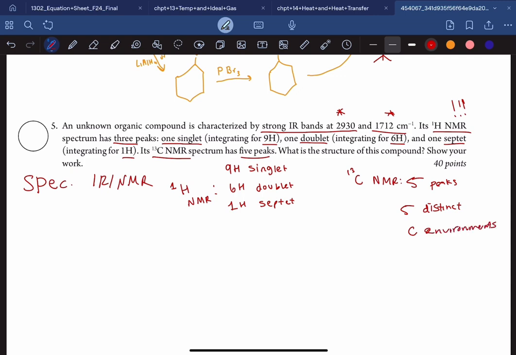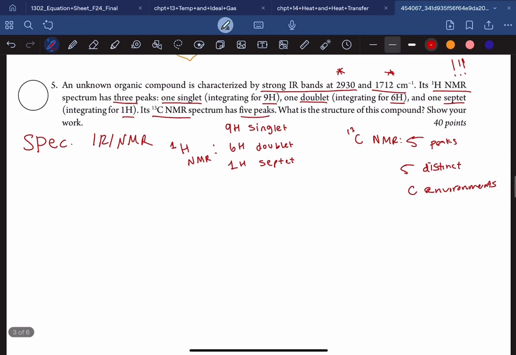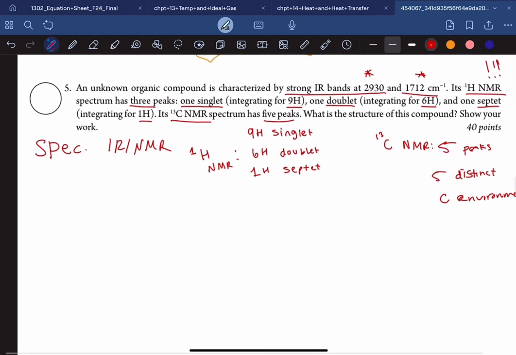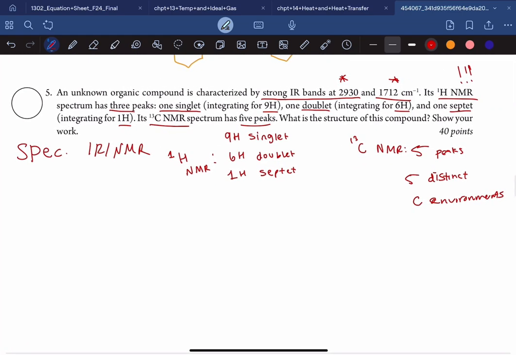The first thing I would do is work through the IR real quick, because that's generally the easiest thing to piece together. If you reference your sheet, let's move to blue now because we're in the problem.